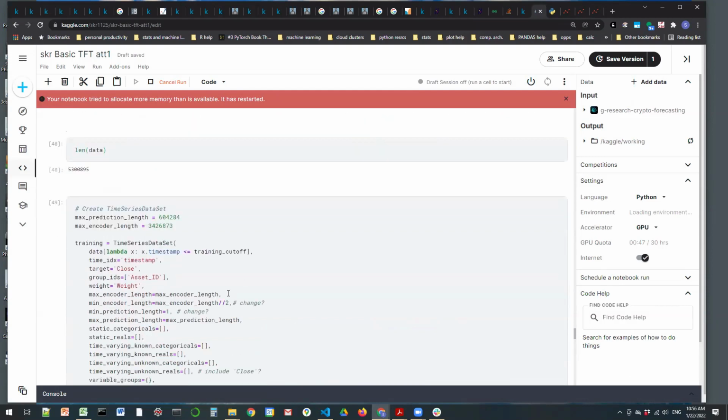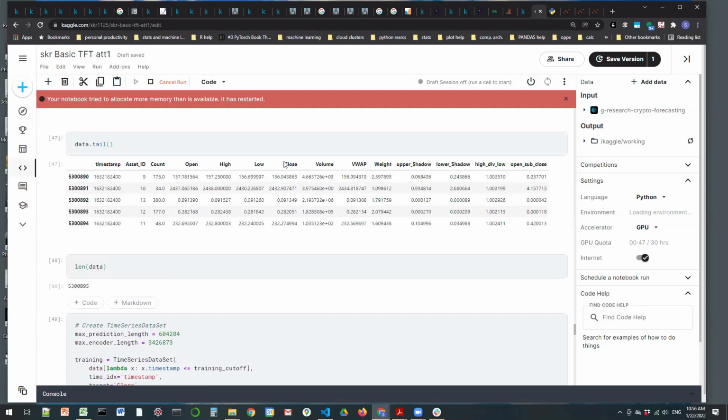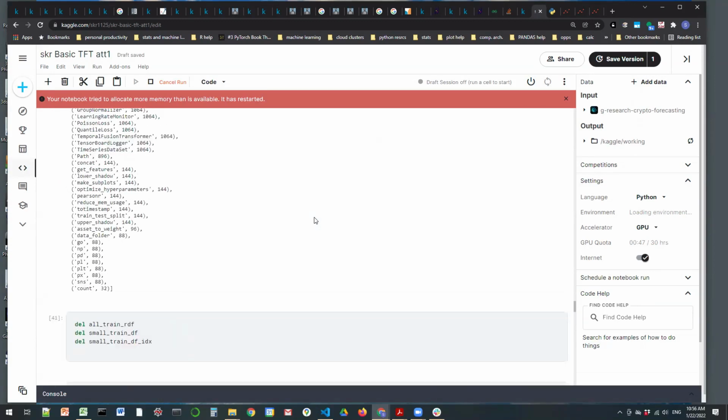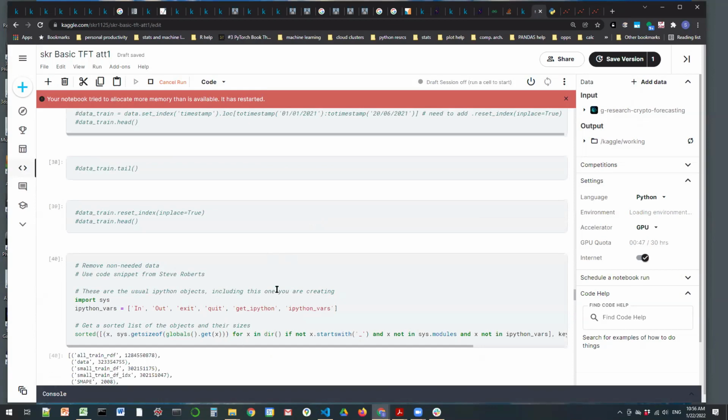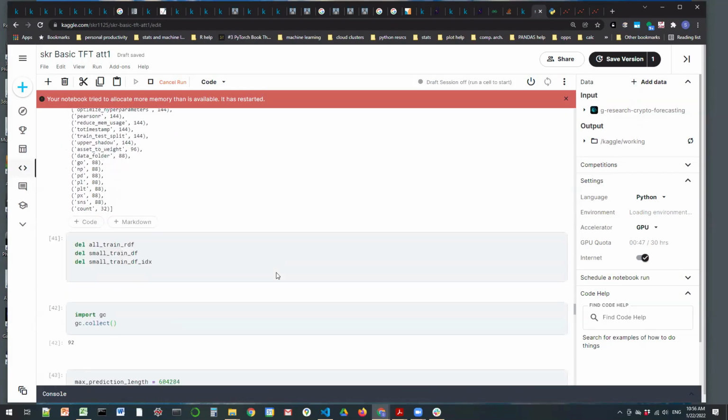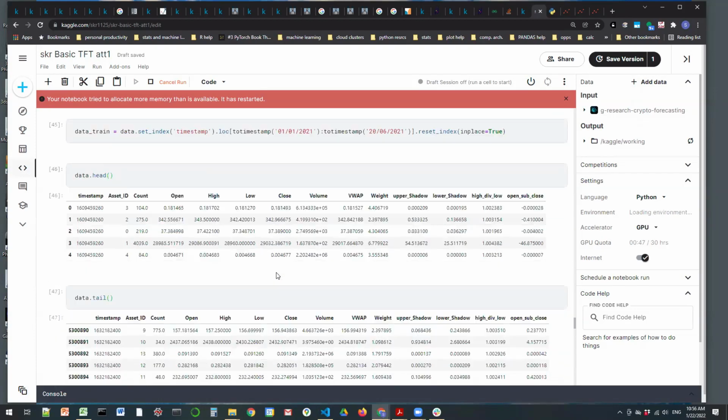And then, much like Steve pointed out, I started off with some simple high, low, close, volume, as well as upper shadow, lower shadow, high div low, and open sub close, which are very simple definitions of what you could do with the data. And then I kept removing any extra data, also using Steve's code that he shared a couple of weeks back.